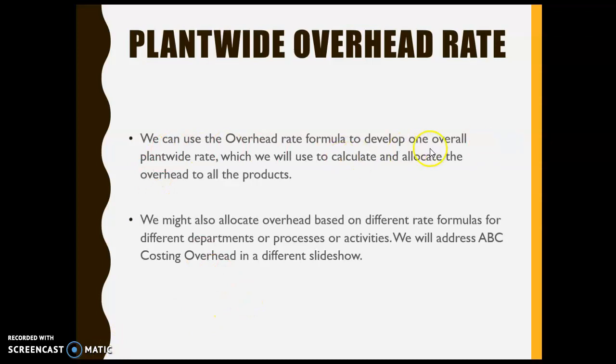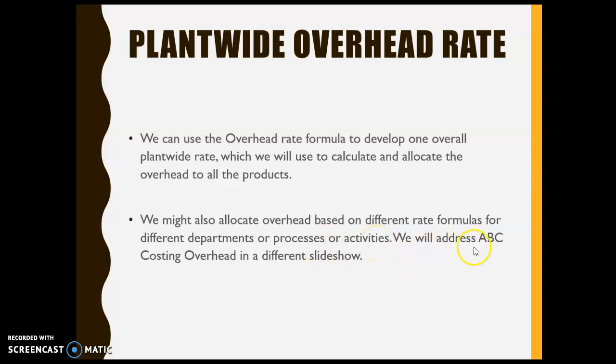Okay, so that is how we're going to get one overall, what we call a plant-wide rate, a rate we're just going to use for everything. And we'll use that all of next year. But we could make different rate formulas for different departments or different products or different activities.